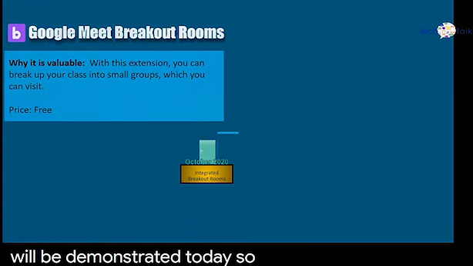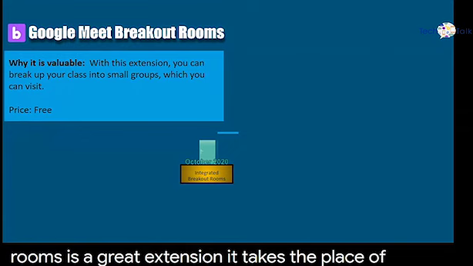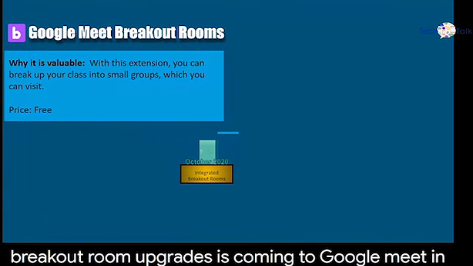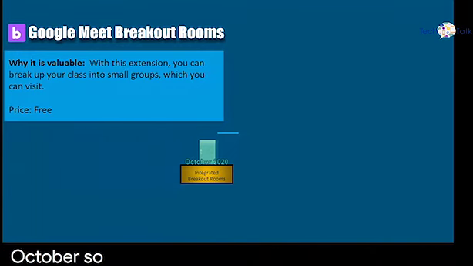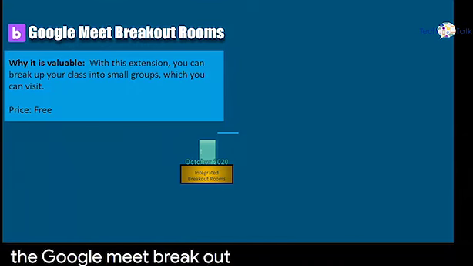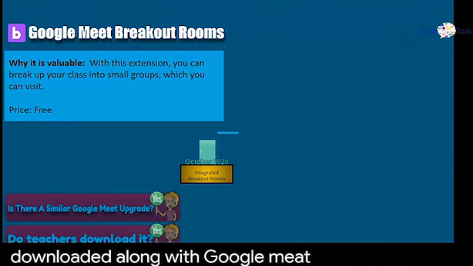Google Meet Breakout Rooms is a great extension that takes the place of that breakout room upgrade that's coming to Google Meet in October. In order for it to function, you must have the Google Meet Breakout Rooms extension downloaded along with Google Meet Grid View.